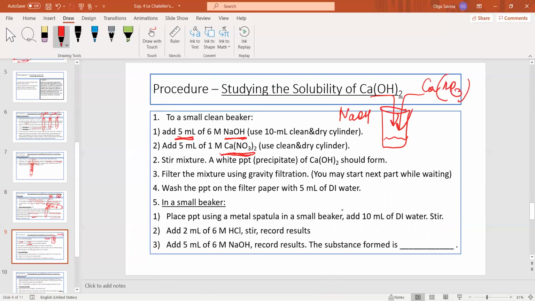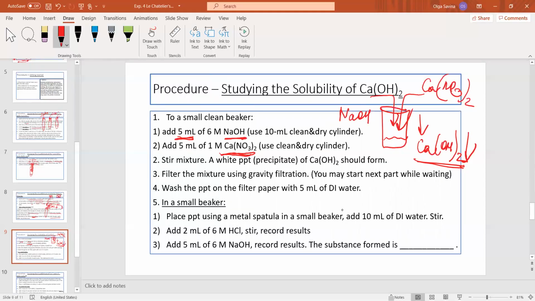Basically, we're forming our precipitate. We're forming our calcium hydroxide, which will precipitate from this solution. A solid will form. Then we have to filter it out and collect our solid on a filter paper. Okay, we will collect this solid.